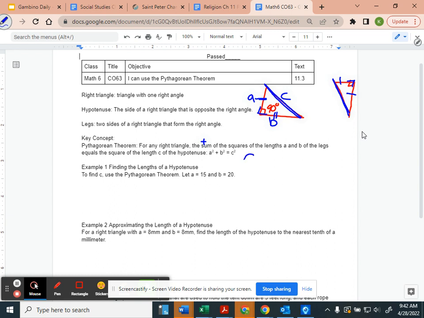So it looks like this. If we're squaring it, it would be A squared, so that's one leg, plus B squared, that's another leg, equals the square of the hypotenuse, C squared. A squared plus B squared equals C squared.